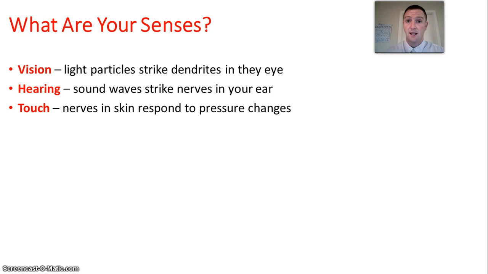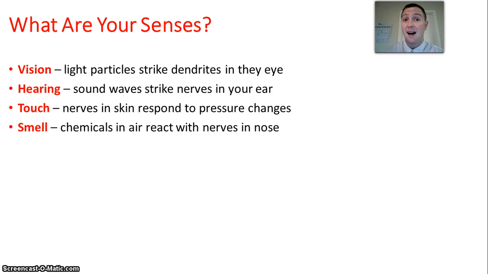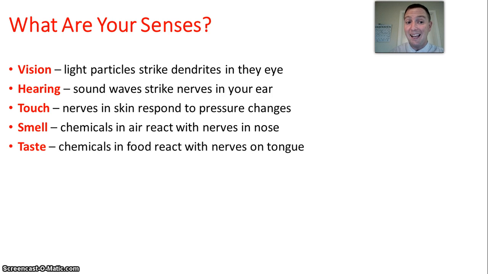Touch, okay? I can touch, whoosh, and I have nerves in my skin that respond to pressure changes and send signals to the brain. I can smell things. The computer doesn't have the power of smell yet, but when I smell and when I taste, there are chemicals floating through the air.